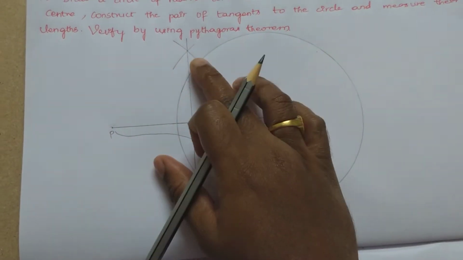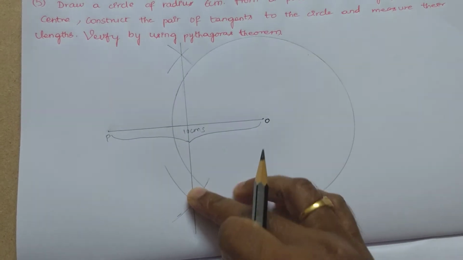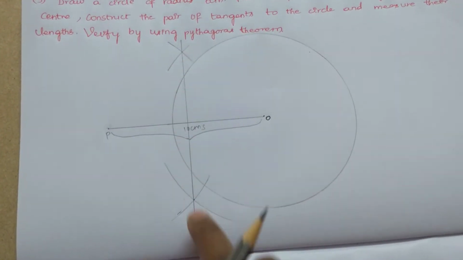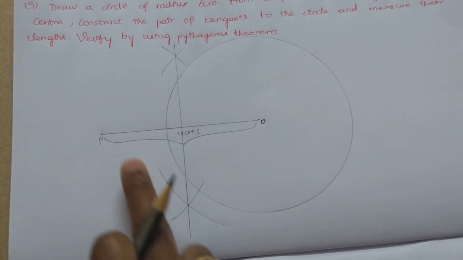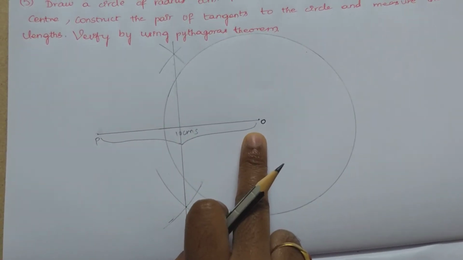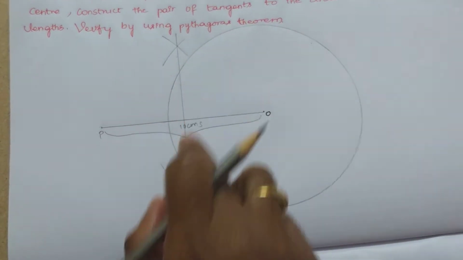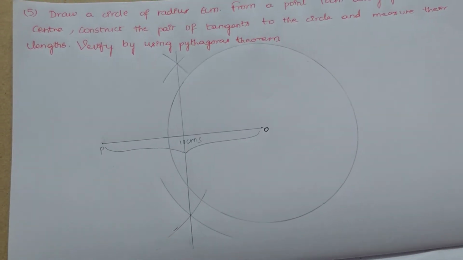You can see here I have just joined the points of intersection of the arcs on both upside and downside. So this line is the perpendicular bisector for the line segment OP, correct? This line divides the line segment into 2 equal parts.